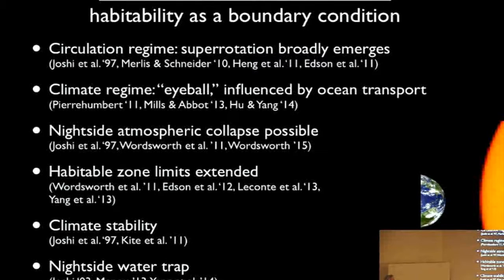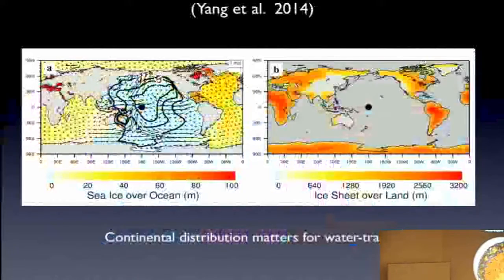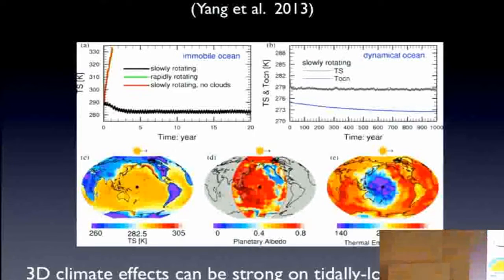People have discussed ways of extending the habitable zone. And in the Chicago group, Dorian was involved with that, as shown, for instance, that you might have a region that's a bit special on the day side, and I'm going to show you one such result here. You might have a region on the day side where you're able to form a lot of clouds that are very reflective.